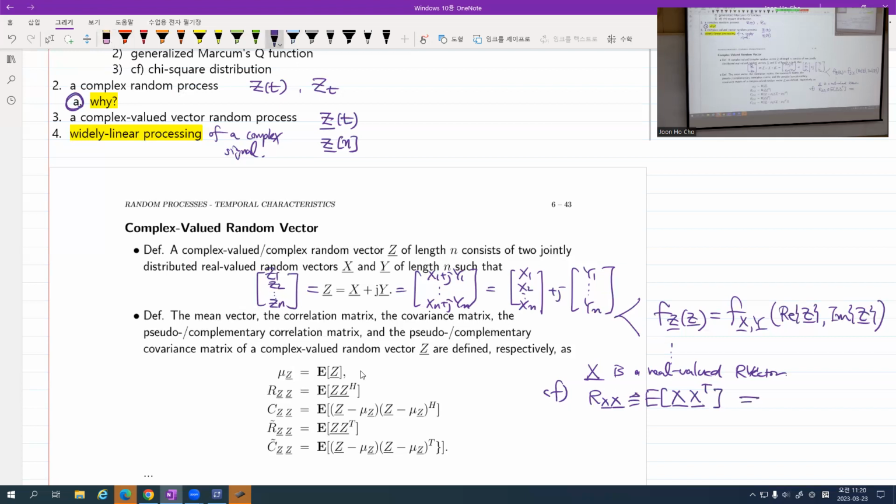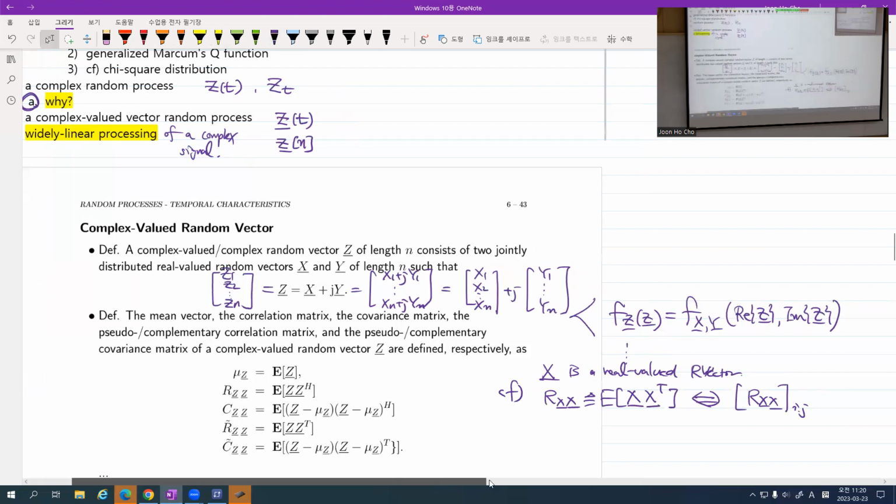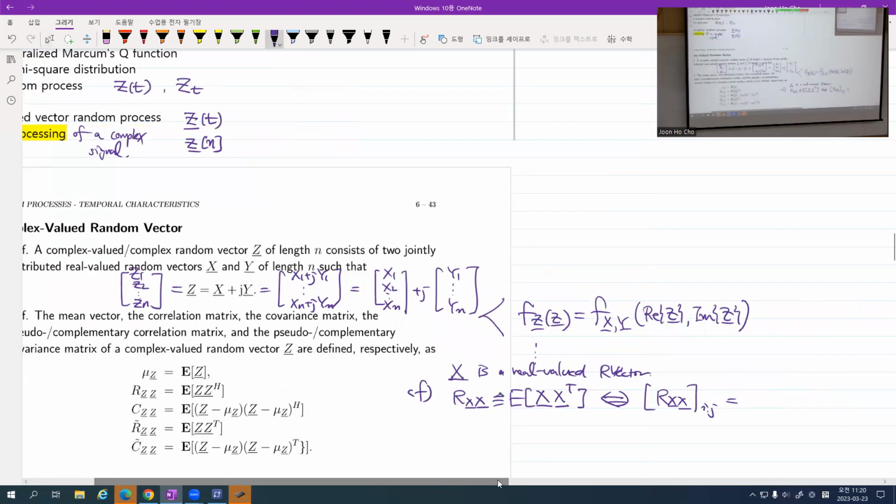So what does this mean? This is a square matrix, and its ijth element or entry is simply, this is row and this is column, so row, column, the expectation of the ith random variable times the jth random variable, right?